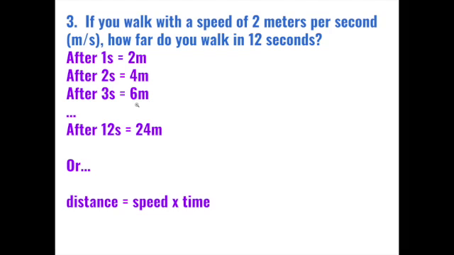So that's kind of the common sense way to look at it, right? Every second, you're going 2 meters, 2, 4, 6, 8, 10, etc. Or you can use the formula where distance equals speed times time. So we'd have the speed of 2, the time of 12, and we'd get a distance of 24 meters.